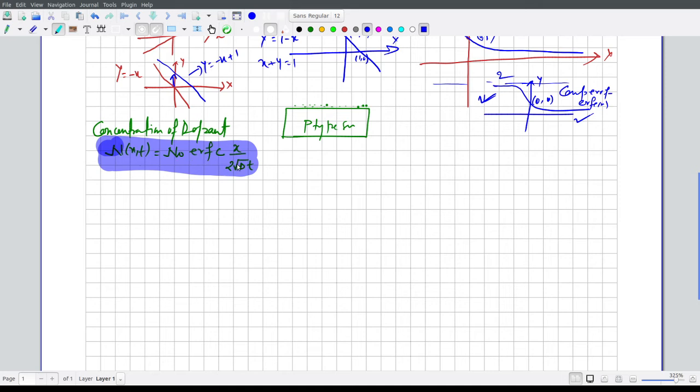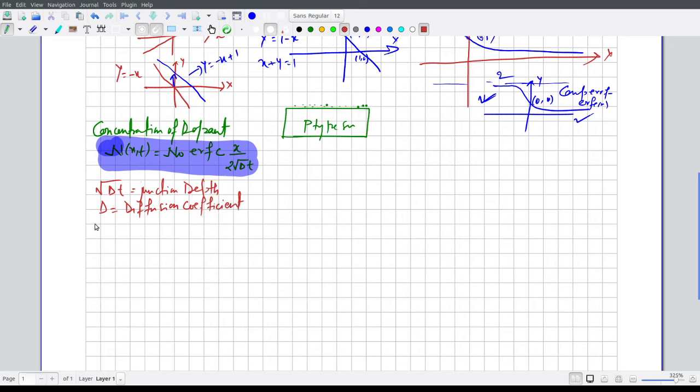Here root Dt is our junction depth, with unit of length, meter or centimeter, and D is your diffusion coefficient.